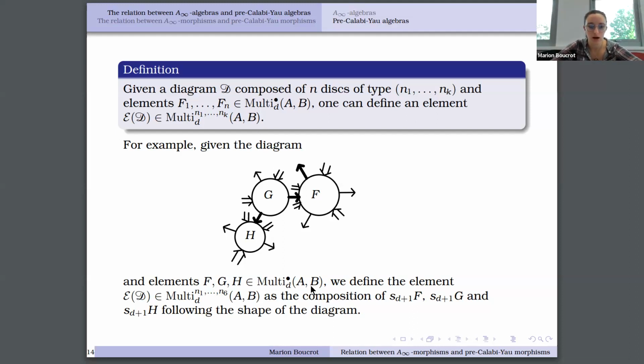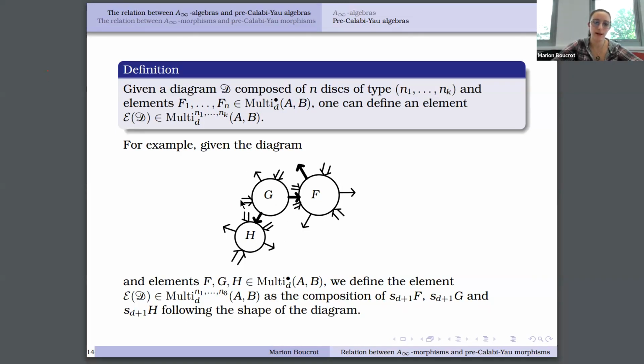So here, sorry, I have to take just the multidual of A. So all the inputs and outputs are in A. Here we don't have the B, and here we also don't have the B. I will first put all the elements in the incoming arrows of the diagram.